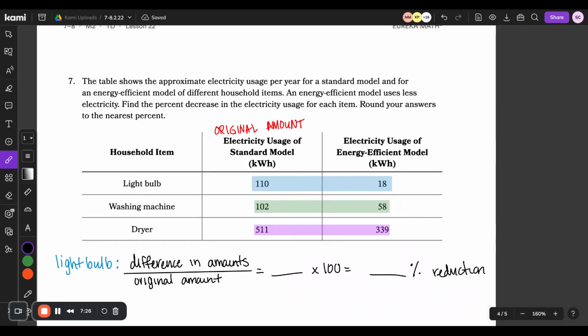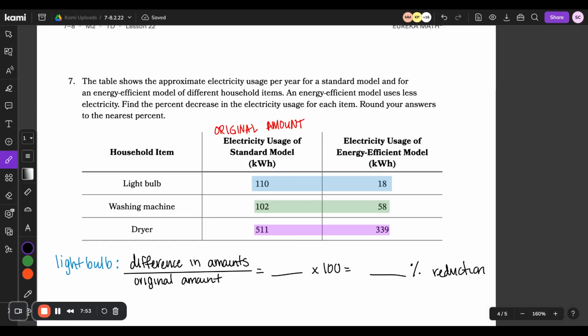these are just different household items, and we are trying to use less electricity for each of these items by finding a more energy efficient model, meaning that you want to find a light bulb that uses less energy, because the less energy you use, the less it's going to cost. So you've got a light bulb, a washing machine, and a dryer, and all of these that you see in this first column here are their original amounts of electricity usage.